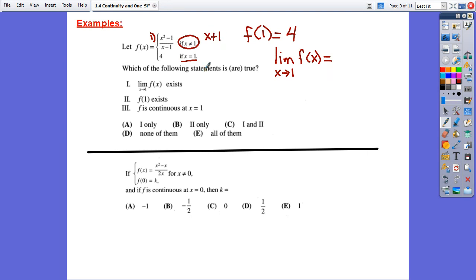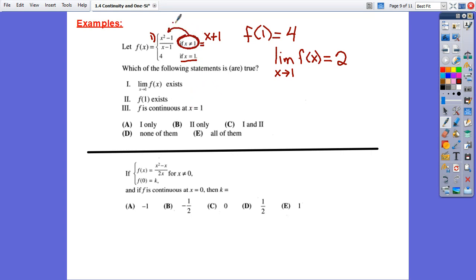And when we do, we get a simplified expression of x plus 1 because the x minus 1's cancel. So when I plug in 1, I end up getting 2 from the left-hand side and from the right. But look at what we have here. Is this thing continuous? Well, the limit exists because, again, from the right, 1.00001, let's say, wouldn't that not equal 1?